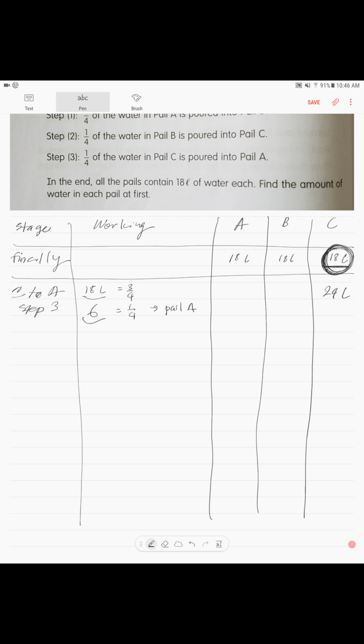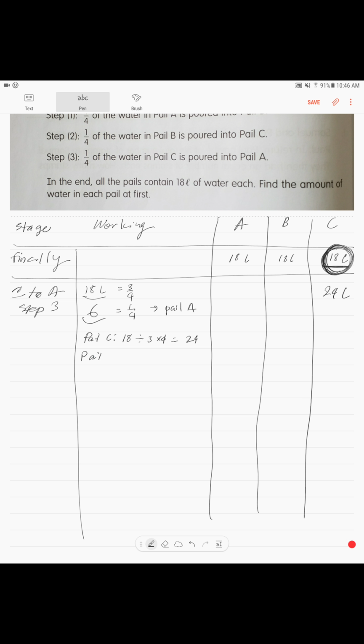All right. So we return these back. So pail A is actually losing these 6 liters. So, okay, let's write it again for our pail C. Pail C is 18 divided by 3 times 4, 24.